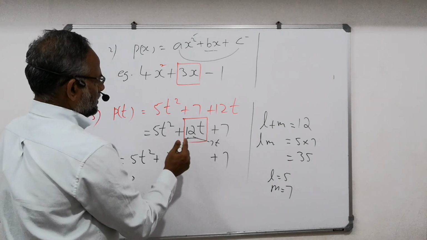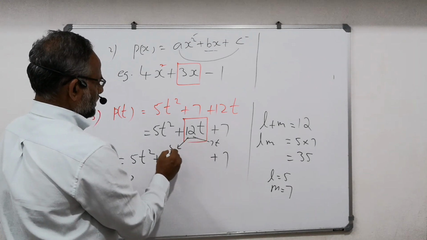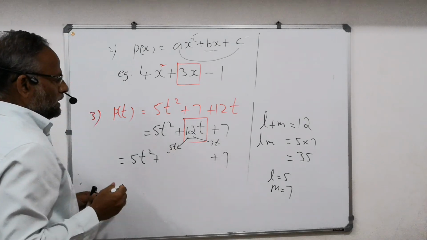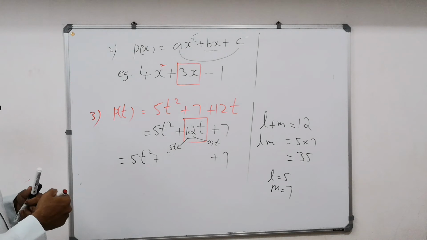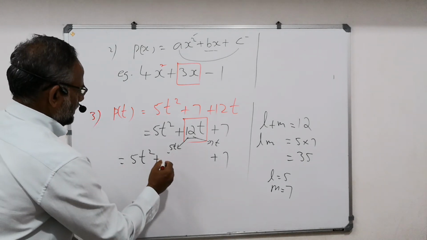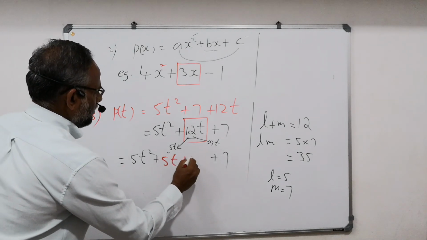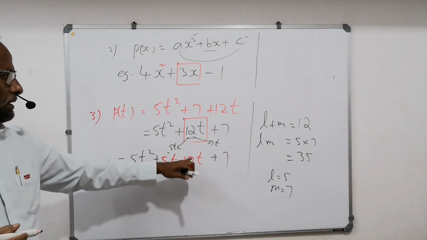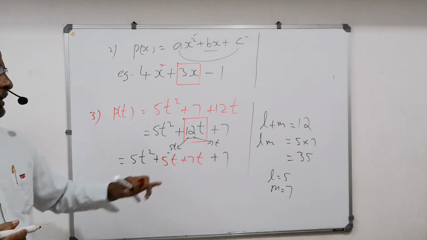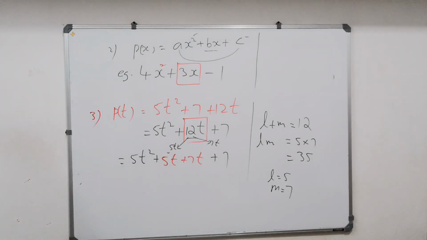Am I right or not? 5t plus 7t is 12t. Yes, it is correct, sir.